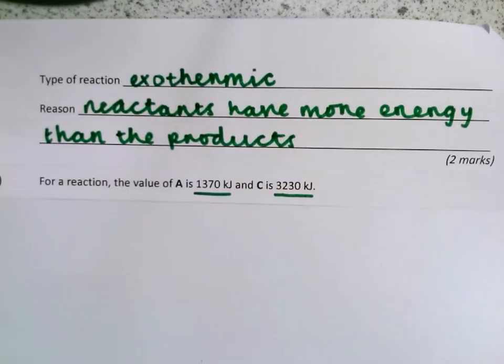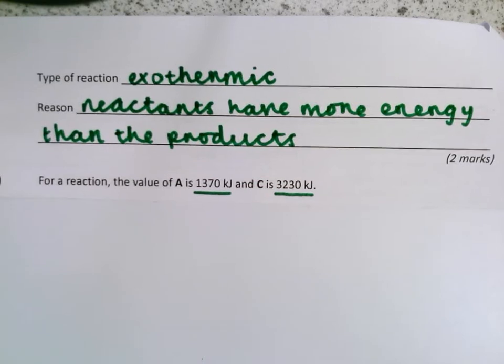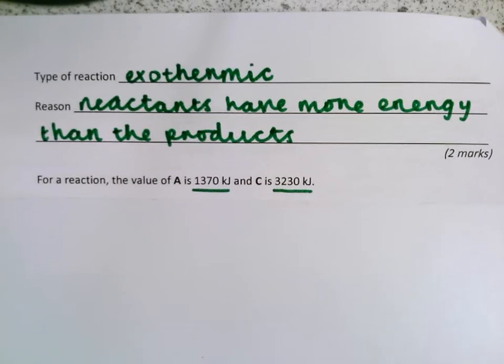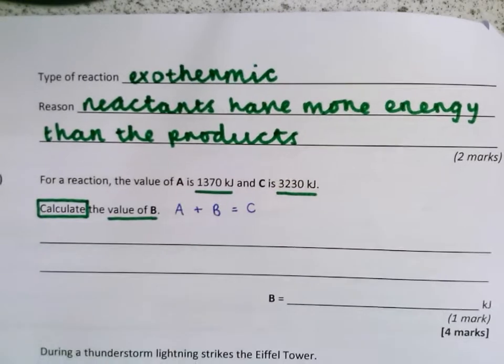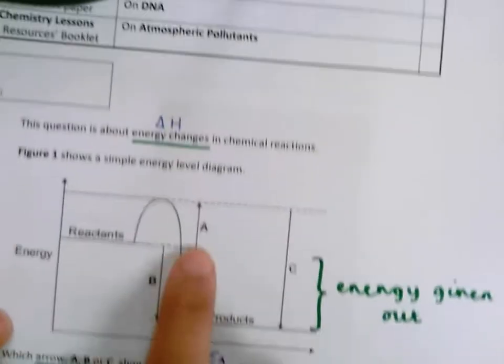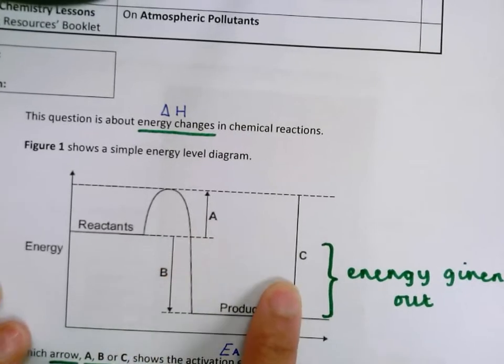Next, for a reaction, the value of A is 1,370 kilojoules and C is 3,230 kilojoules. Now, if we look on the previous page, A and B combined are equal to C. So I'm going to write that on the other page.